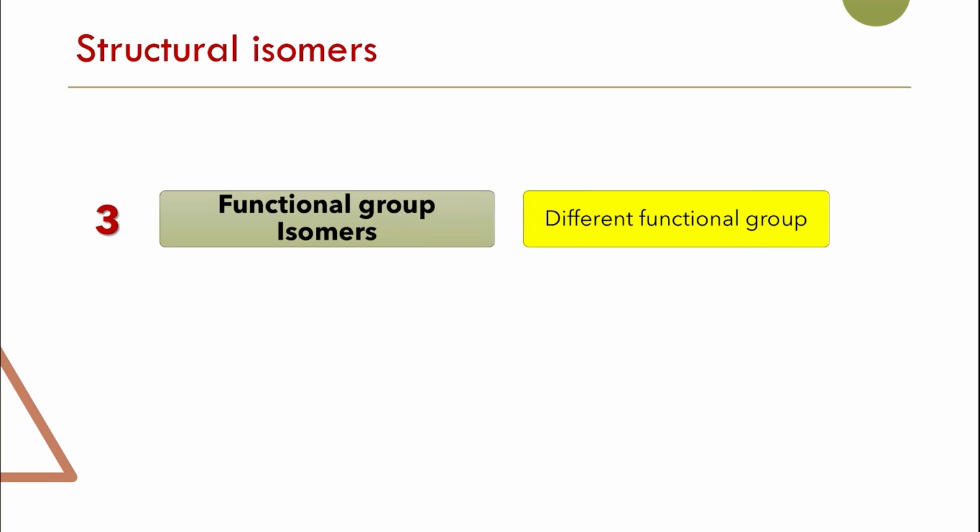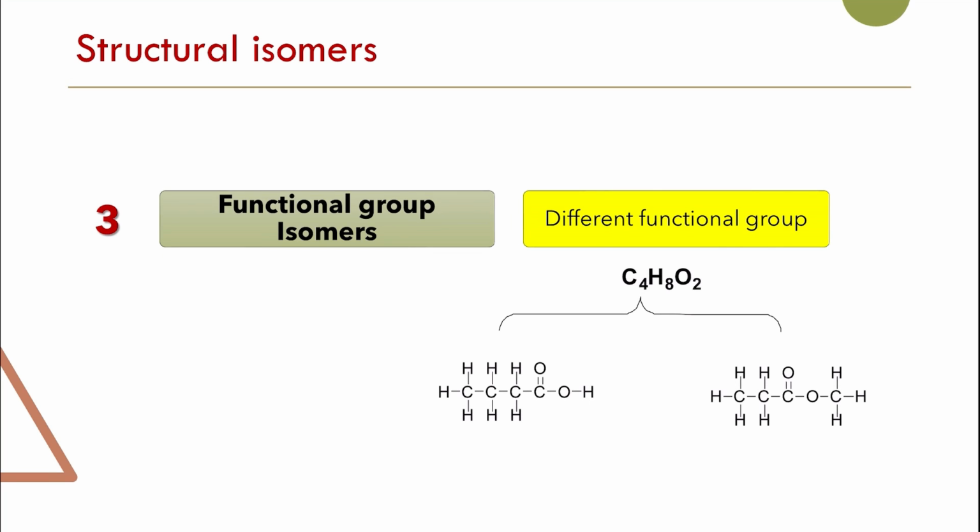The third type of isomers is the functional group isomer, where the different compounds have the same molecular formula but different functional groups. For example, C4H8O2, we could have the first one, which is butanoic acid. The functional group here is carboxylic acid, or we can have methyl propanoate, which has the ester functional group.